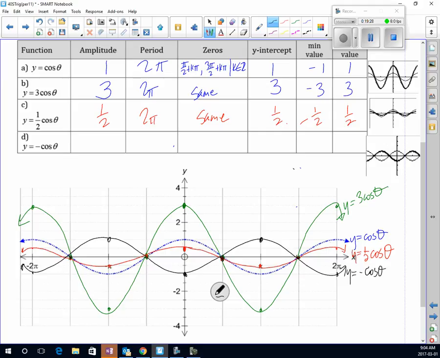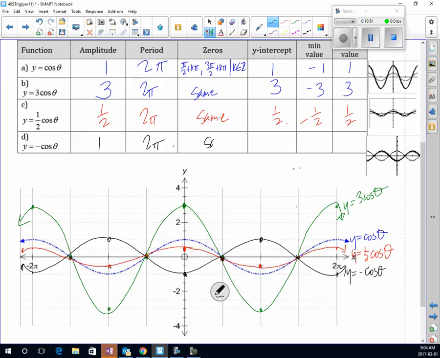Okay, so then how does that affect my amplitude? Is the amplitude now -1? No, amplitude is the length. The length is always positive, which is why I said it's the absolute value of whatever your A is. So it's still 1. Your period is still 2 pi.